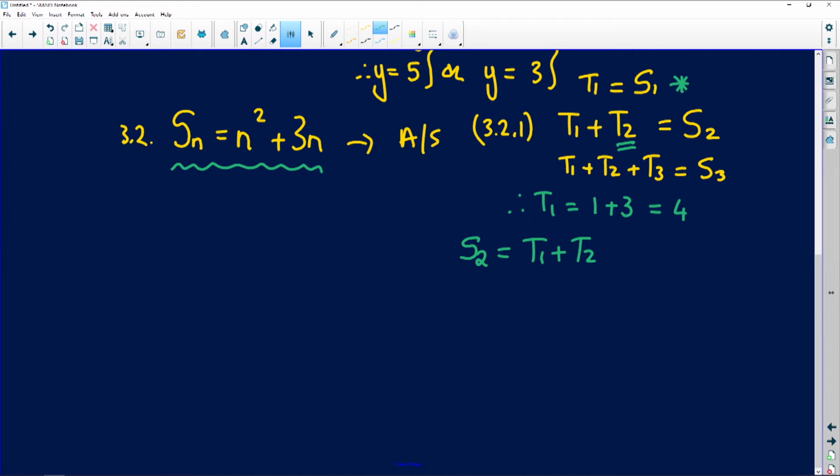S2 will be 2 squared, which is 4, plus 3 times 2, which is 6. That gives me term 1, which we just calculated to be 4, plus term 2. Now, folks, it's easy to see that the two 4's take care of each other over the equal sign, and we can conclude that term 2 in this sequence is indeed 6.